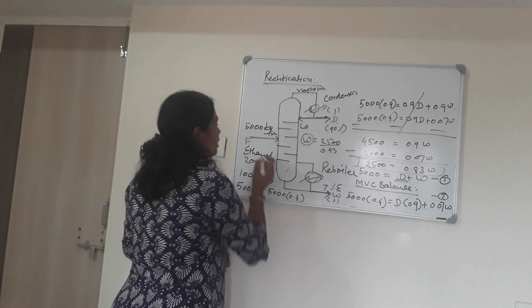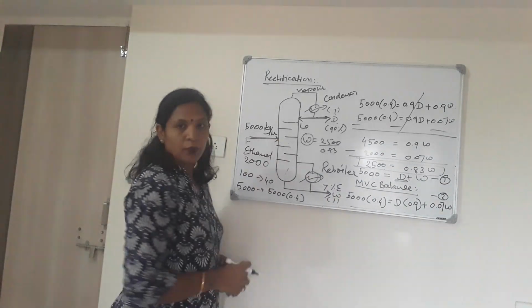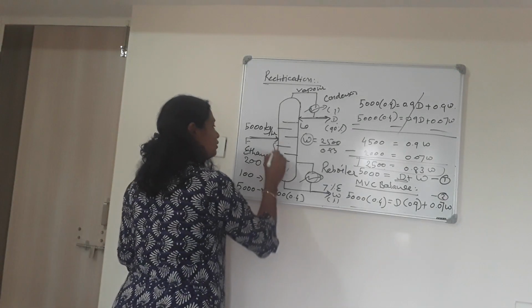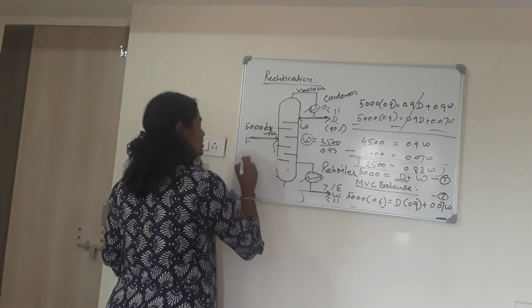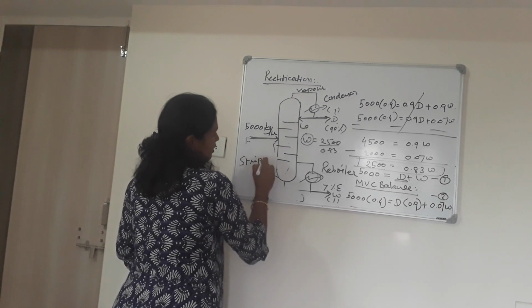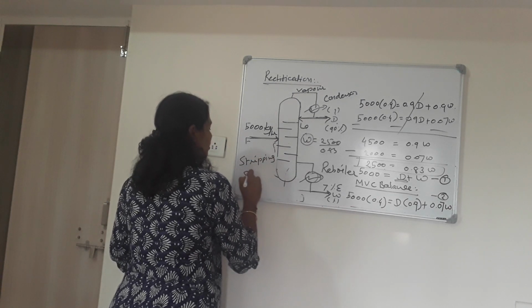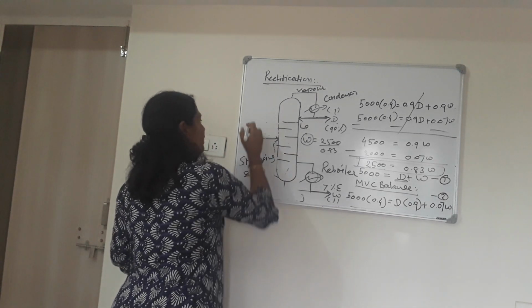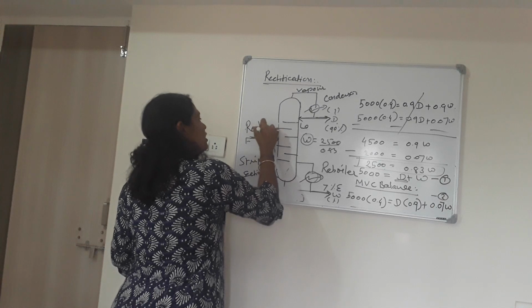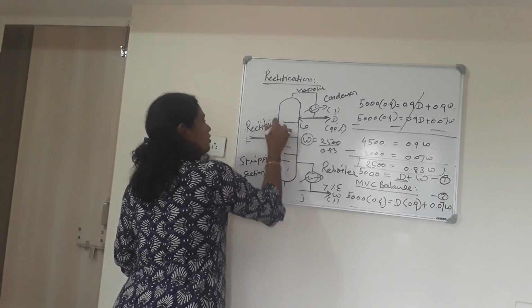Whenever we have this feed plate, the section below the feed is known as the stripping section, and the section above the feed plate is known as the rectifying section.